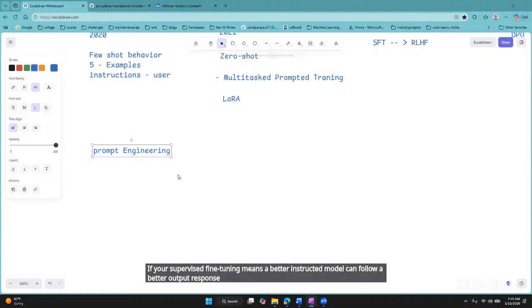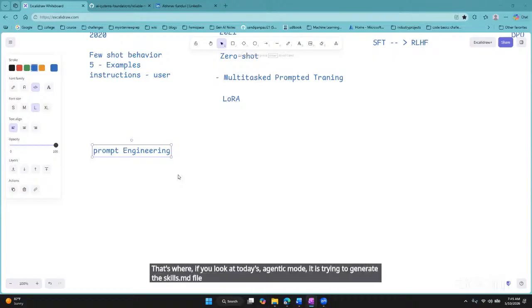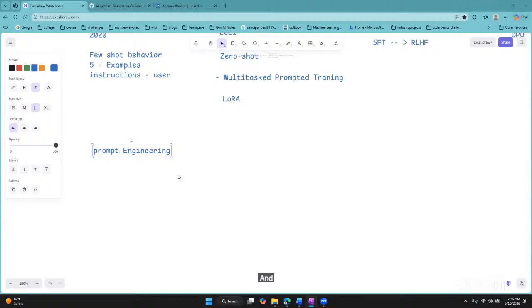So make sure your prompt has the full set of instructions. That's where, in today's agentic mode, it tries to generate a skills.md file to have good instructions for your questions, and over the period of time it keeps updating the MD files.